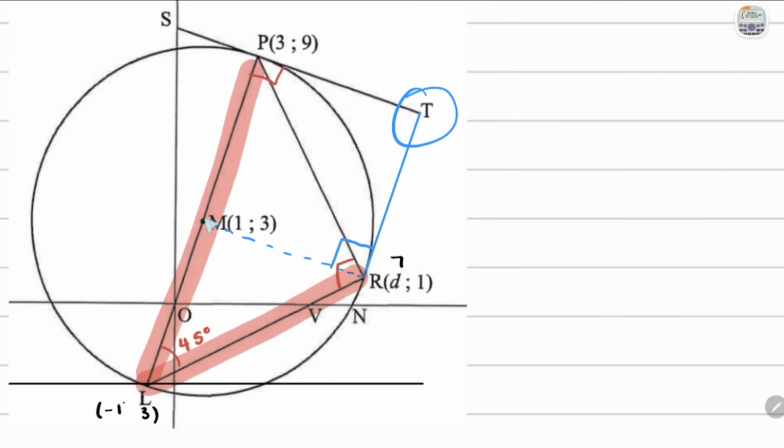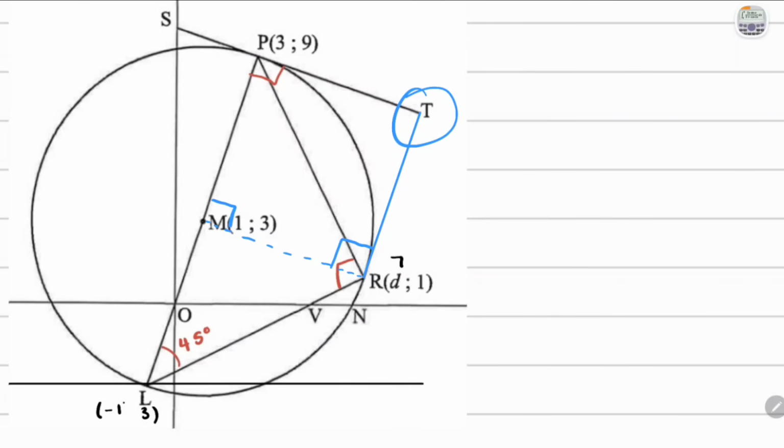However, at the center, we also have another angle, MPR, being supported by that same line, PR. So the angle at the center is always going to be twice the angle at the circumference, supported by the same chord or arc. So here, if this is 45 degrees, this is double that angle, so this would be 90 degrees. And that is going to actually be very helpful.